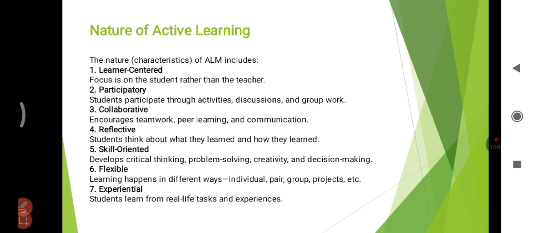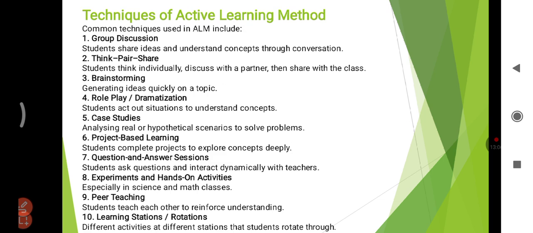This is the nature of active learning. Then techniques of ALM method: group discussion, think pair share, brainstorming, role play, drama activation, case studies, problem based learning, question and answer sessions, experiments and hands-on activities, peer teaching, learning rotations. These are the techniques of ALM method.